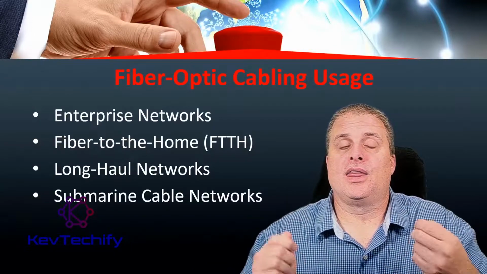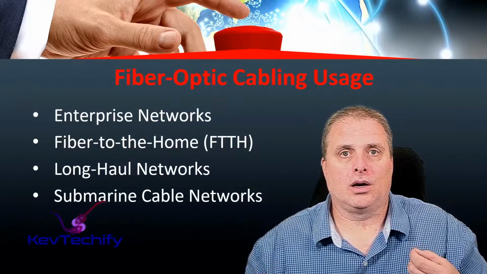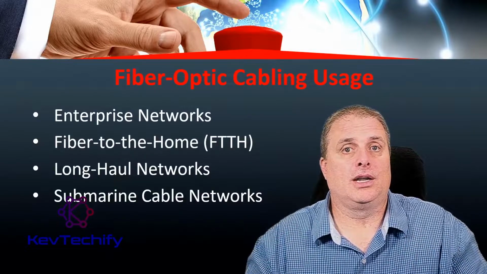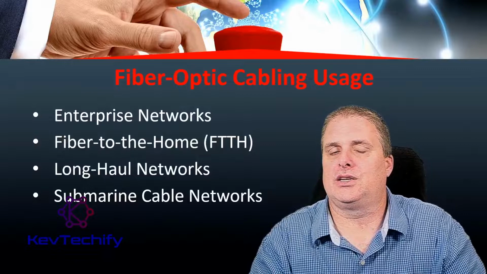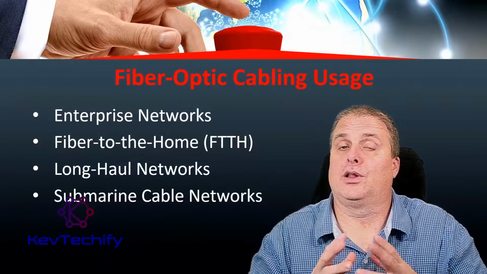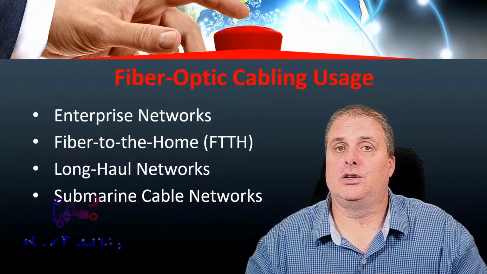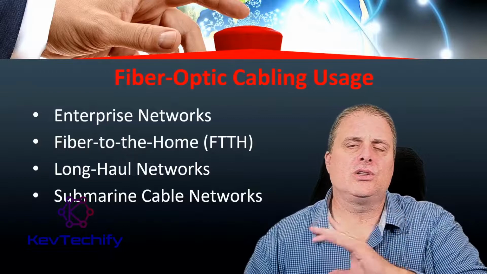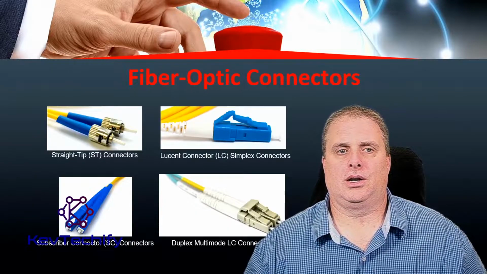But think about running a pair of wires using electricity through water. It could short out, and that would be a bad thing. Whereas if fiber gets water in there, it's not going to necessarily short out. It's probably not good for it in the long run, but it will continue to work, and it won't blow up everything else in your network. And this is usually where we see fiber optics used in our networks.